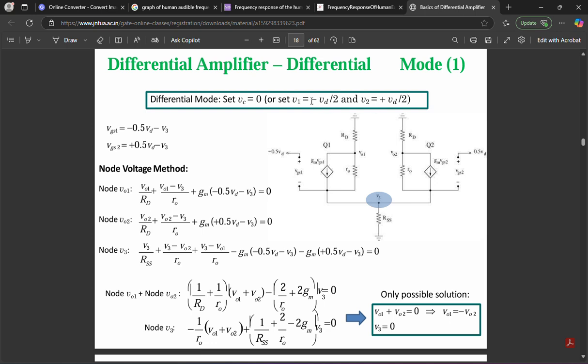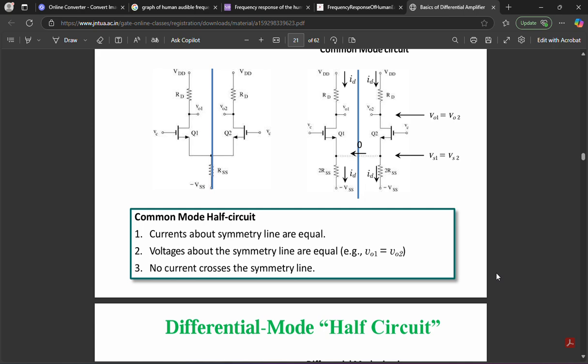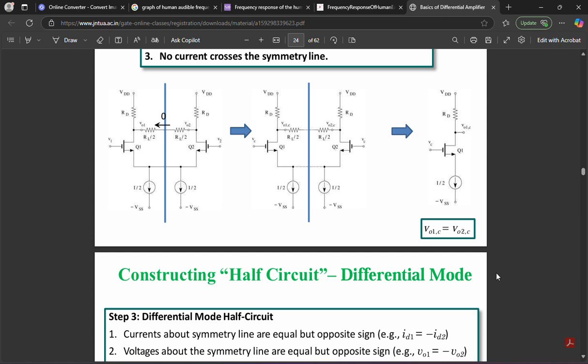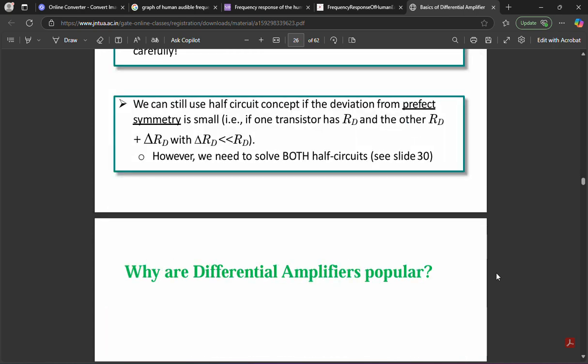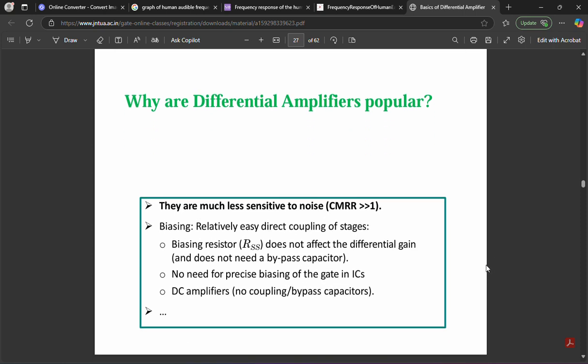When one signal is minus Vd by 2, the other signal will be plus Vd by 2. You have already derived the gain expression for the differential amplifier in the previous semesters, and I think you should all go and refresh your knowledge on this topic once again.